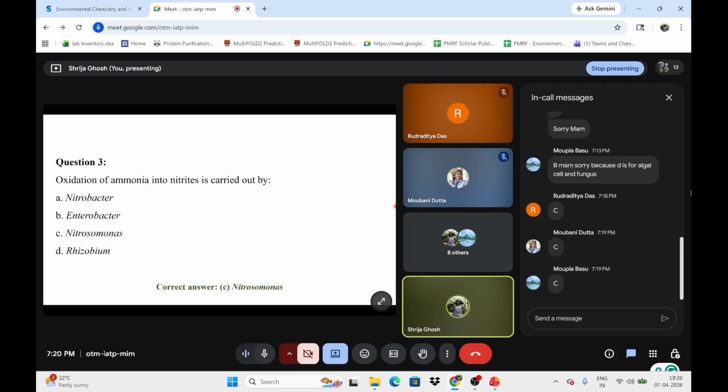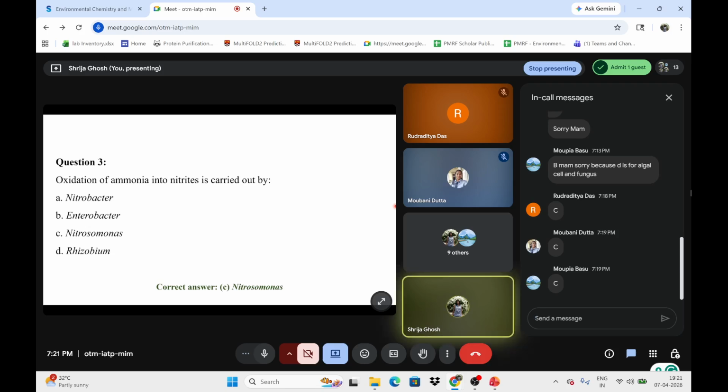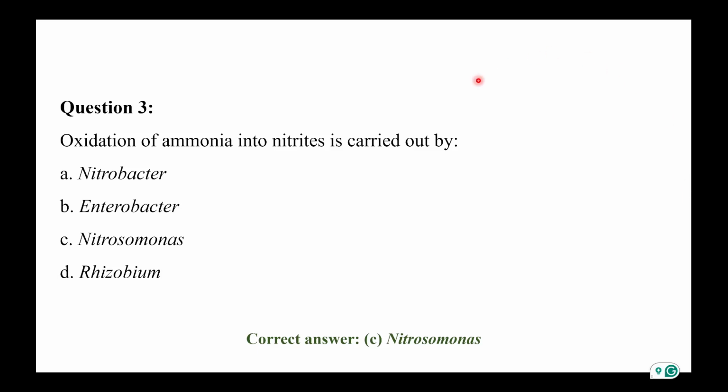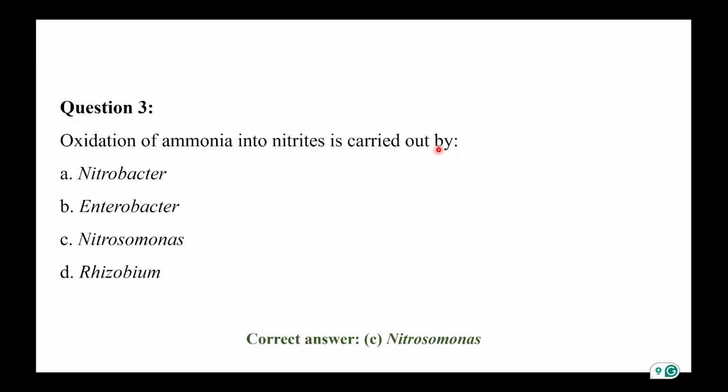It's one of the reactions that happen in the nitrogen cycle, right? Ma'am, is it nitrification? Yes, it is nitrification. So the process of oxidation of ammonia into nitrites and then nitrates is nitrification, and nitrosomonas carries out the first step, that is ammonia to nitrite.